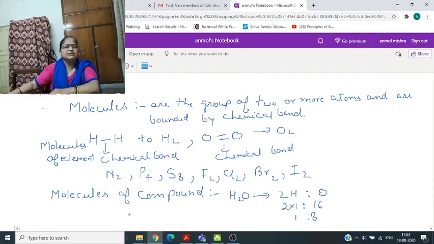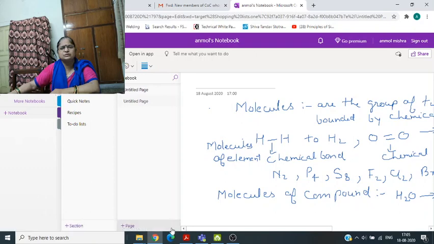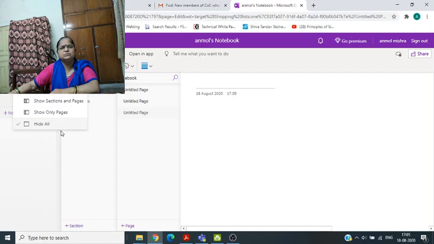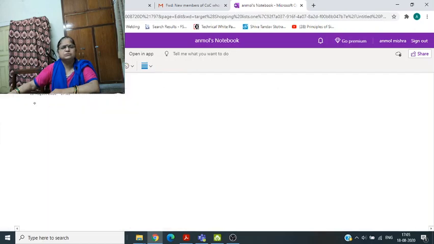Similarly, second example, ammonia. The formula of ammonia is NH3. It is formed of 1 atom of nitrogen with 3 atoms of hydrogen.